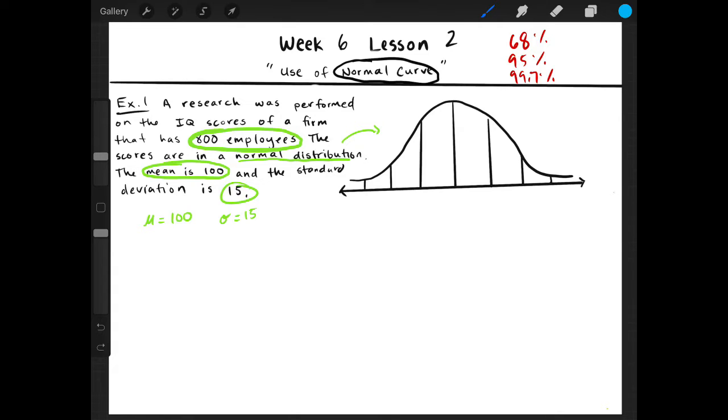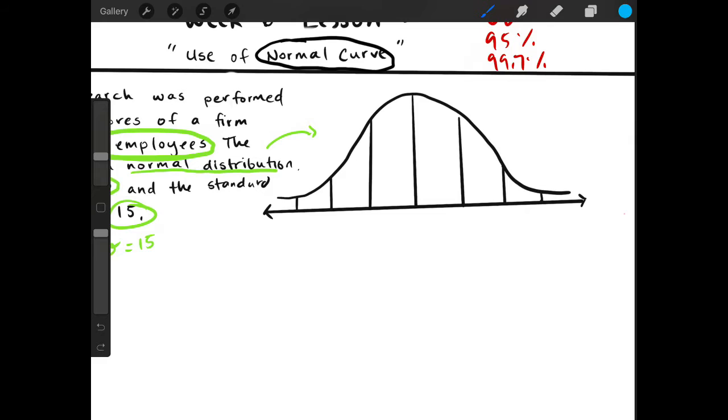We used the 68, 95, 99.7 rule to figure out our percentages. If you don't remember, all you have to do is remember half of it: 34%, 13.5, 2.35, and then 0.15.